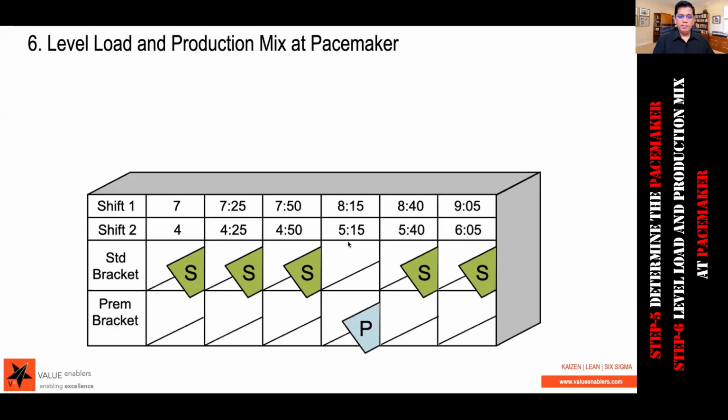Earlier, how were we maintaining this? This is called pigeonhole type of scheduling. So they will say, okay, shift 1, 7 o'clock, 7:25, 7:50, 8:15, 8:40, 9:05, and shift 2, these timings, do these things. Standard bracket, you do this, and the details are given inside this card.